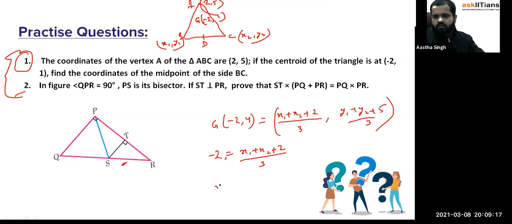Here x1 plus x2 can be equal to 3 into minus 2 minus 2, which is minus 6 minus 2, minus 8, right? And x1 plus x2 by 2 will be minus 4. Similarly, for y1 plus y2, we calculate.